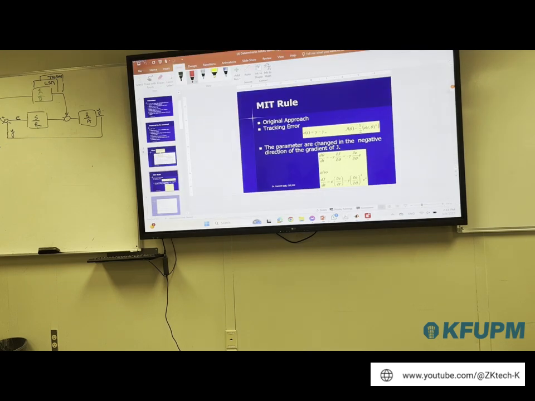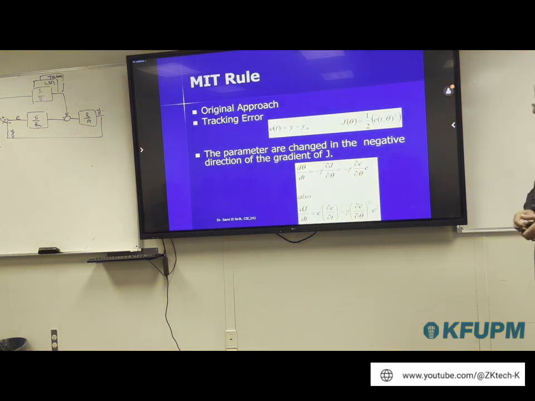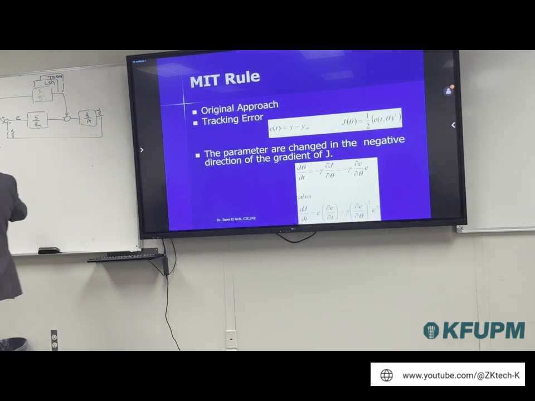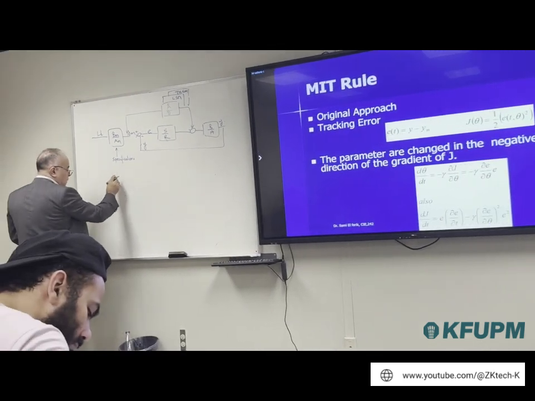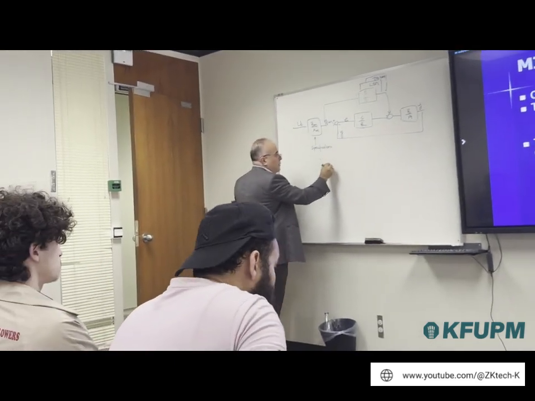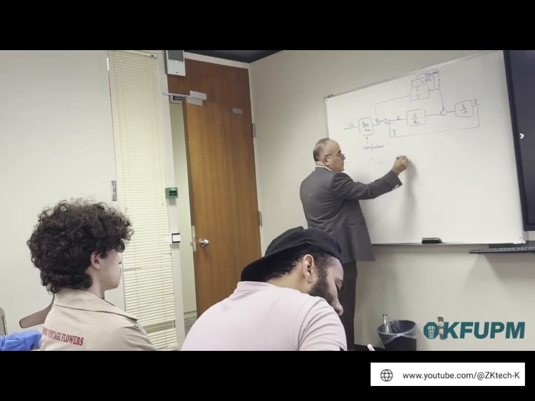So now if you go back to the MIT rule, if I look at the change of the cost function with respect to time, the cost function is a function of the error and time.